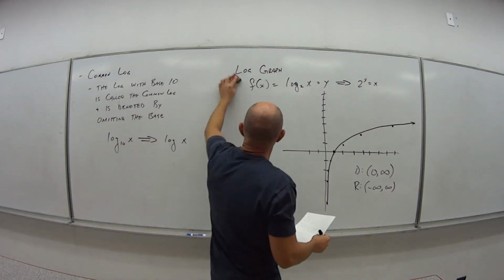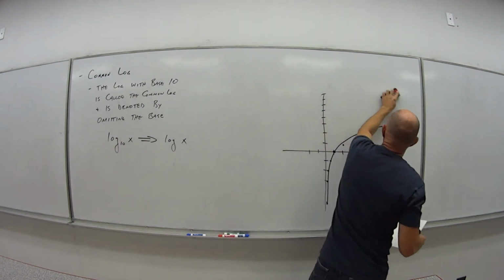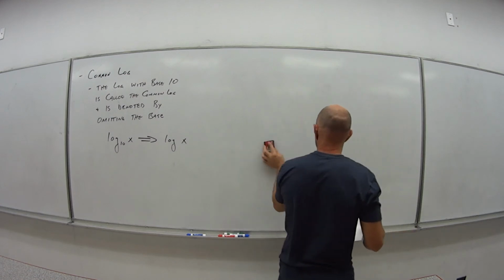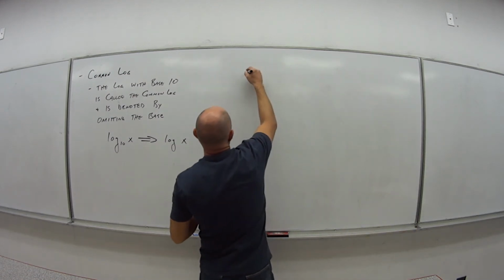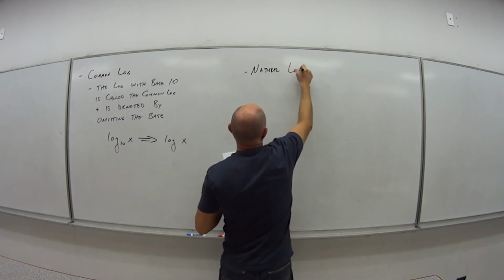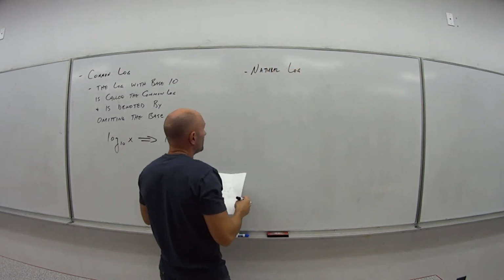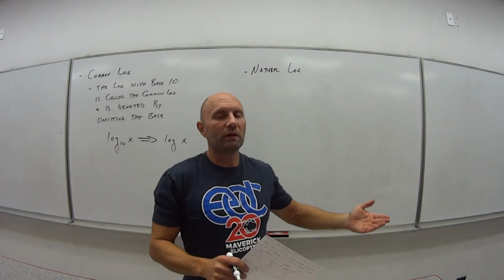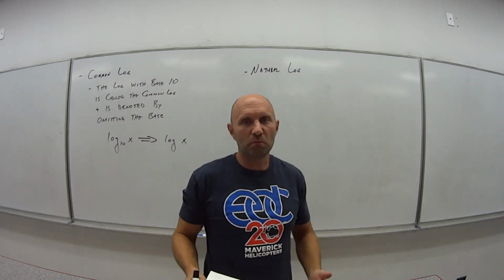We also have what's known as the natural log. So that was the common log. Natural log. If you are taking 181 at some point in the future, this is what you're going to see the most.